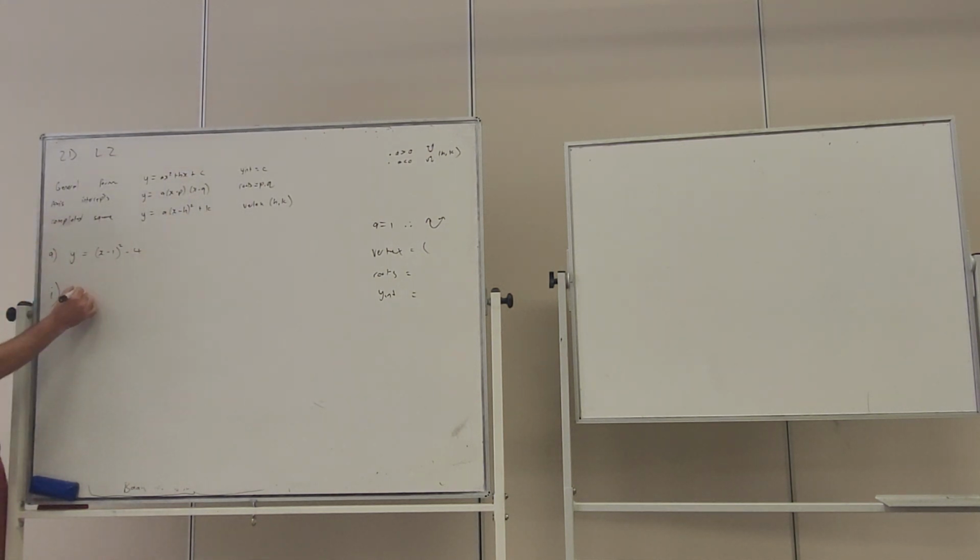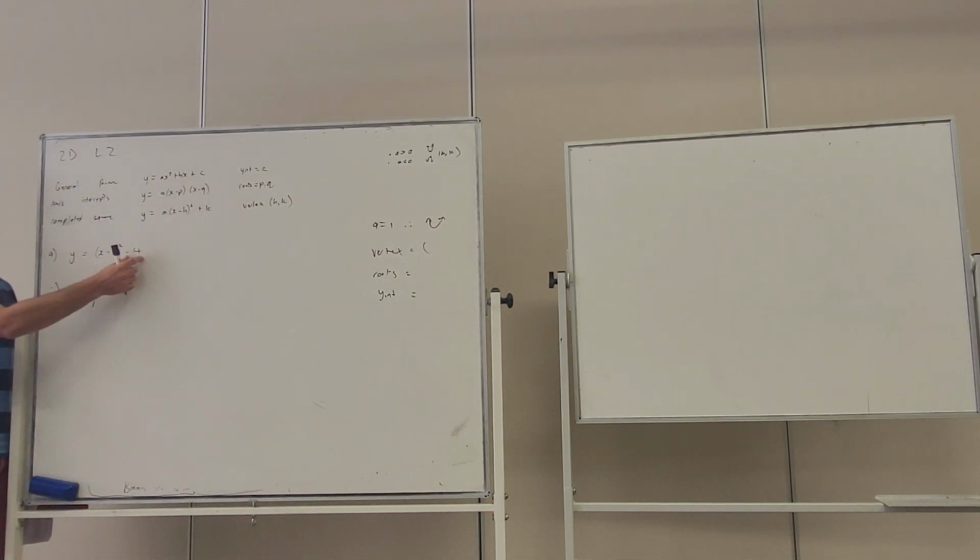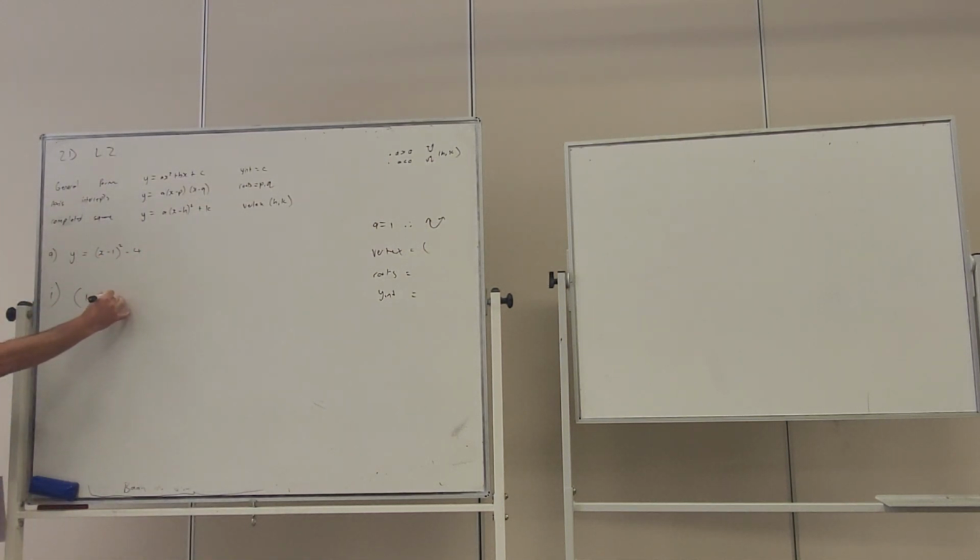Okay, so we've got h is 1. The value of k though, over here we've got plus k, and that corresponds with minus 4. So that means the y value is minus 4. So we've got the coordinates of the vertex, and we can see that just from looking at the quadratic in the completed square form.